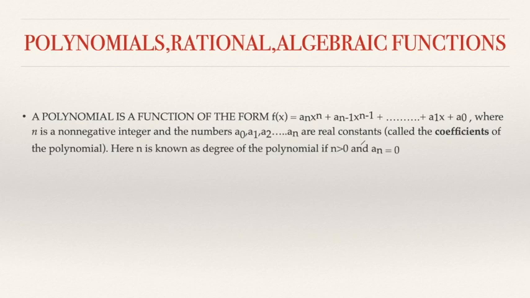The most common example of a polynomial is a quadratic function, where we can take the value of n equal to 2. And linear function is also an example of a polynomial function if we can take the value of n equal to 1.